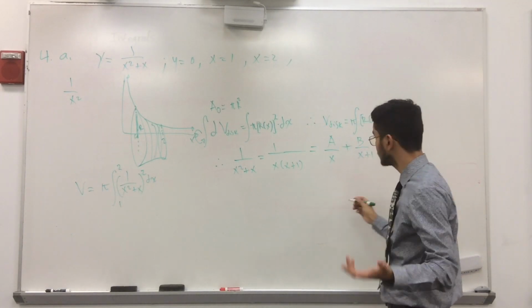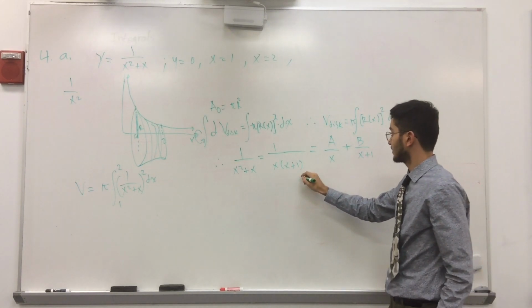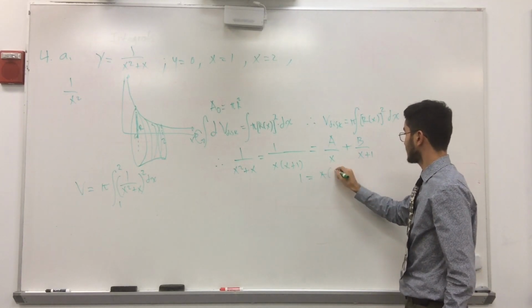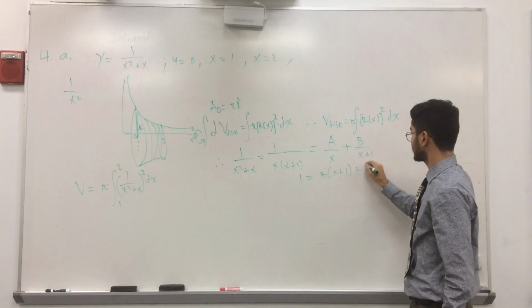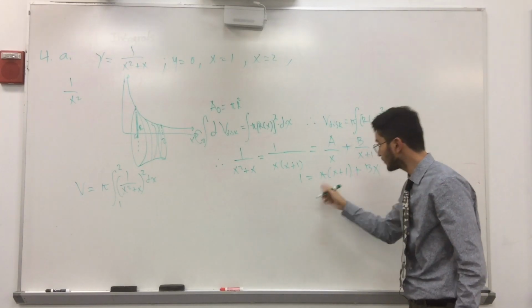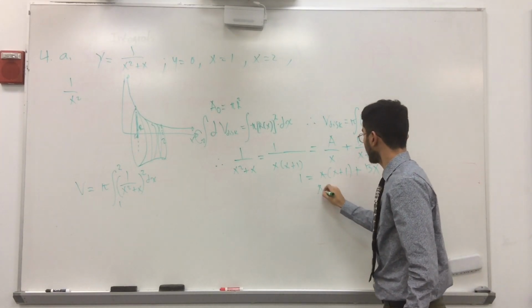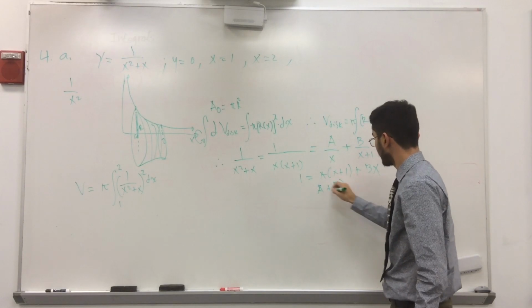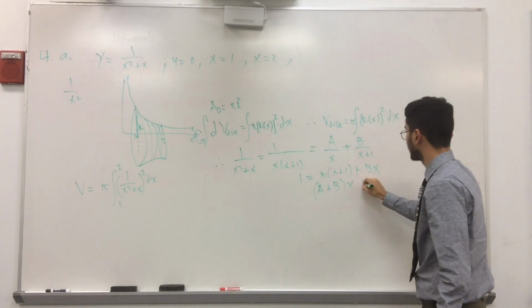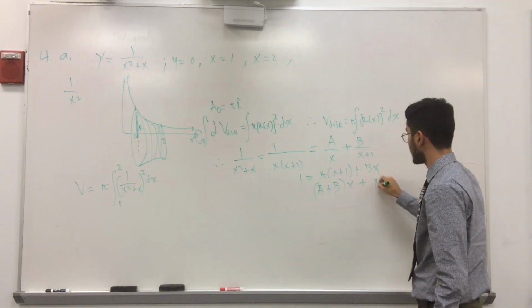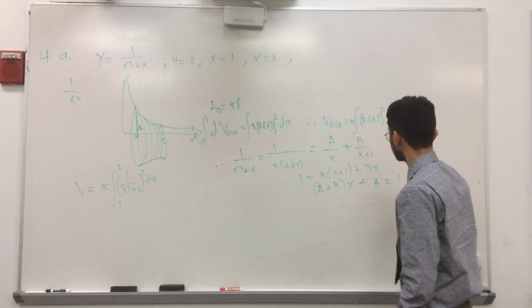We find the least common denominator, and we have that 1 is equal to a times x plus 1 plus bx, which means we have a plus b, multiplied by x, plus a. All of this is equal to 1.